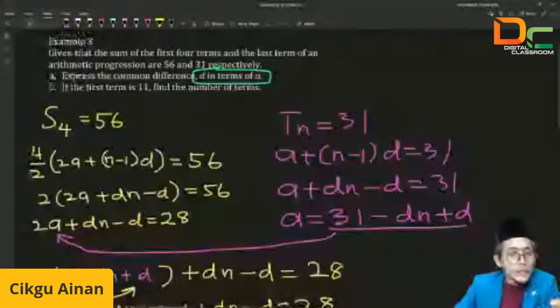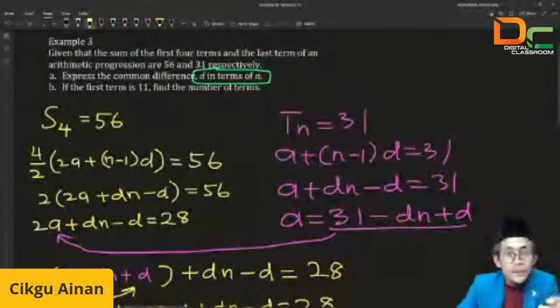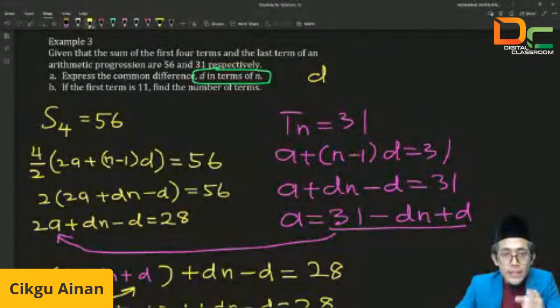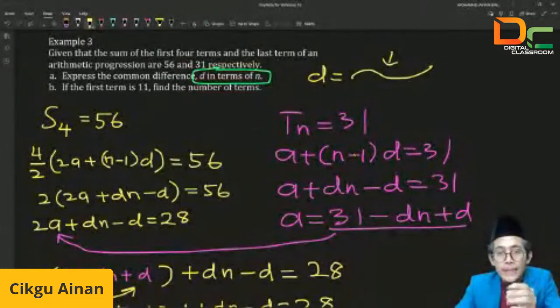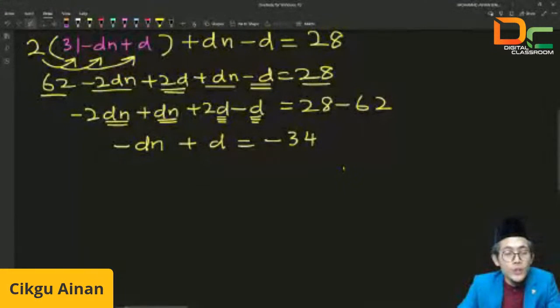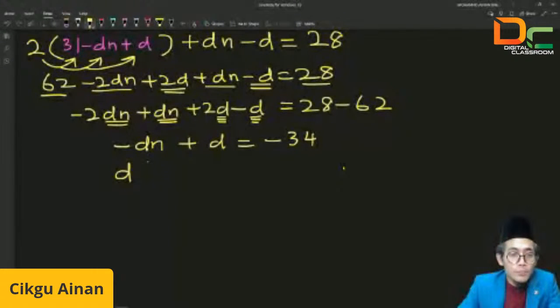Yes. Okay, now maybe I got carried away. I forgot what the question is about. Now, the question wants d in terms of n. It means that we have to express d equals something in terms of n. Okay. So over here we have 2d and d, so we have to factorize. We put d outside. What's left from here?